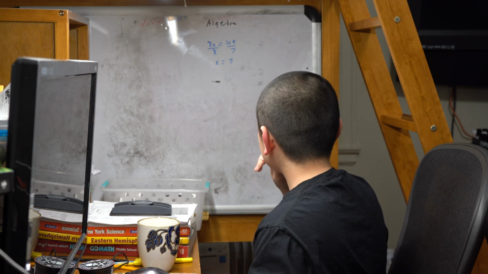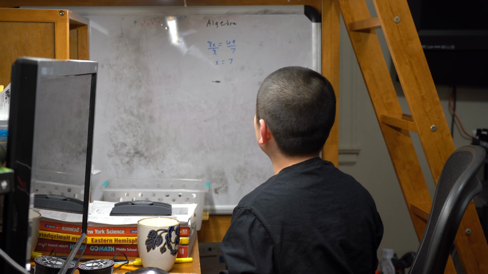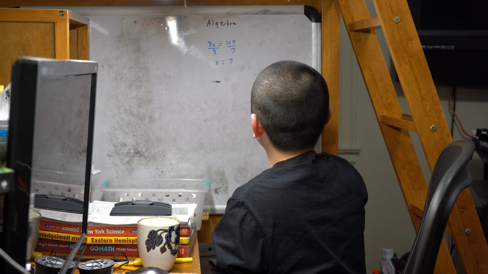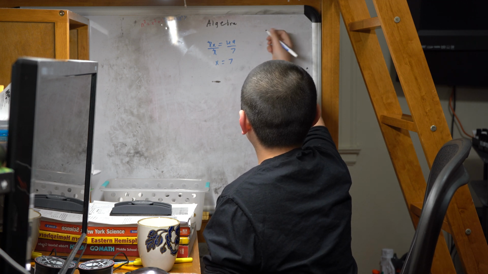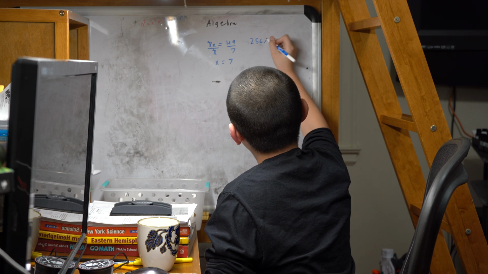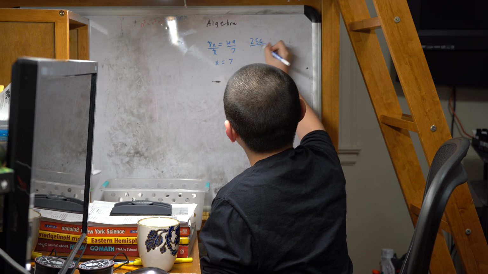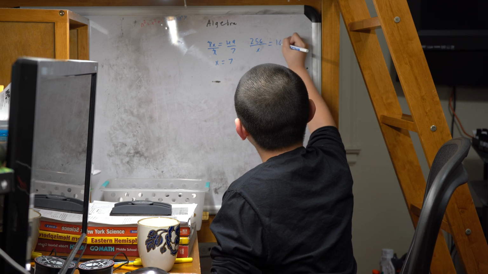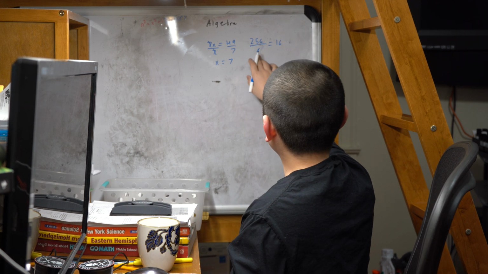Easy enough. Now let's try division. That one's a little harder, but it's basically multiplication in the opposite order. So let's do x divided by 16 equals 16.